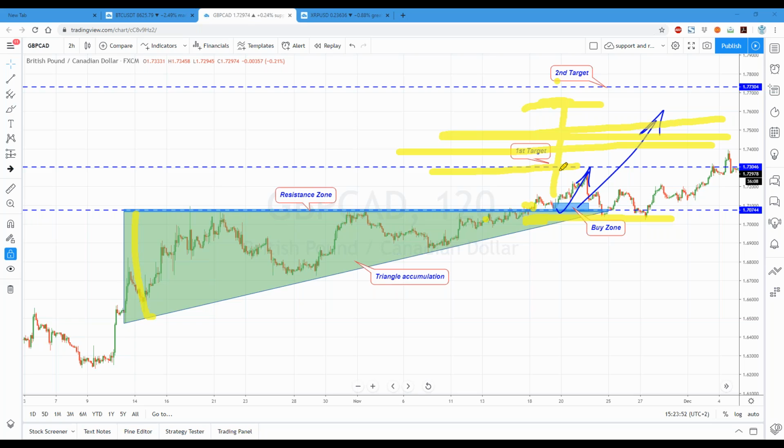So if you have one in between, you'd have to reduce your target to that resistance level, and then recalculate your stop loss and your risk-reward ratio. And that's very, very important, because most likely price will get stopped at that next resistance level.